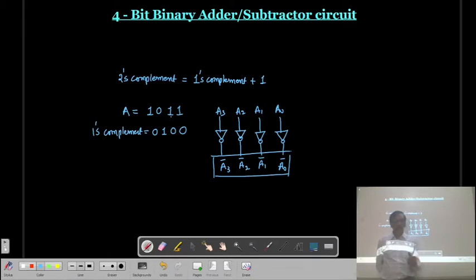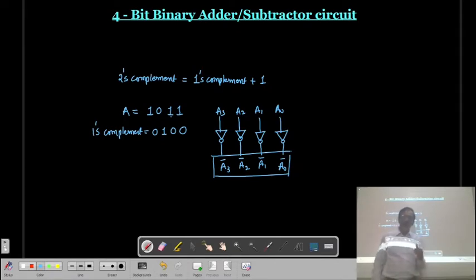Correct? But the thing is that we want hardware which will add two binary numbers and subtract two binary numbers. Whenever you require addition, you don't have to take the complement. The complement is required only when subtraction is there. So you must have hardware where for addition the bits are not complemented, and for subtraction the bits are complemented.